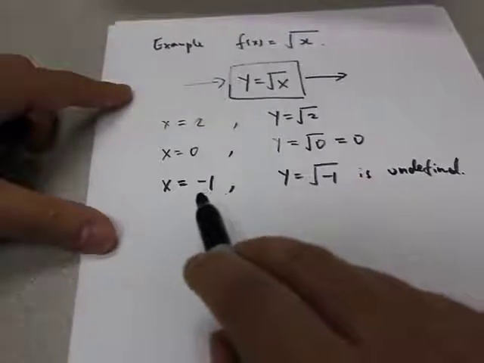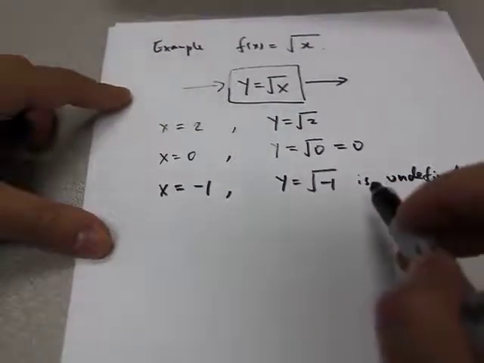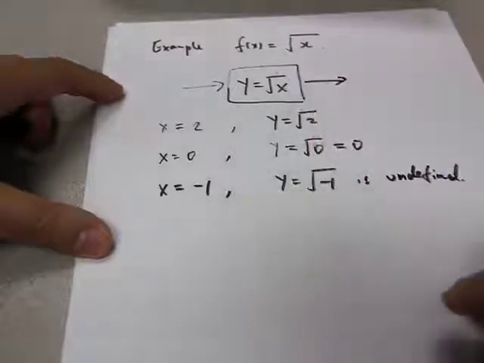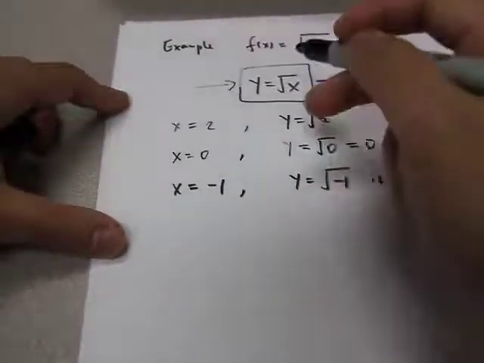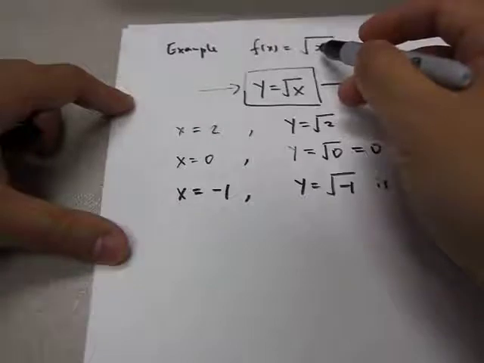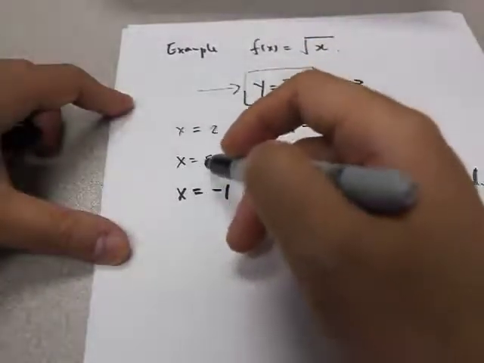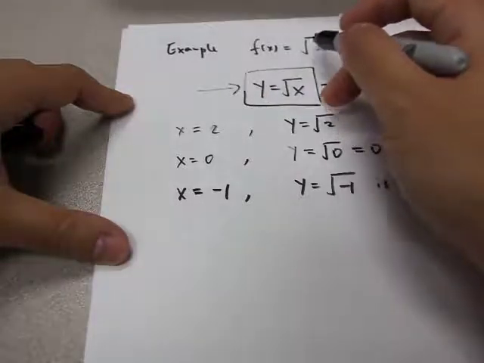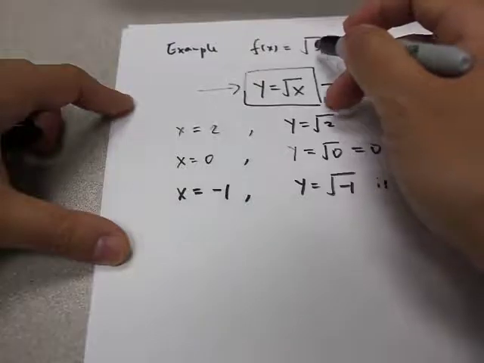So negative 1 cannot be our input. So negative 1 cannot be in the domain of the function. And actually, you can see here anything less than 0, because every negative number cannot be in the domain of the function.